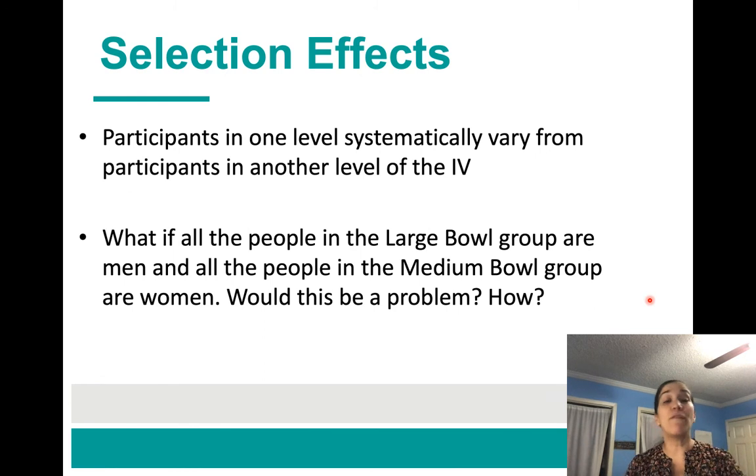So for example, what if all the people in your large bowl group are men and all the people in your medium bowl group are women? Why might this be a problem? So think about, for example, if all of those people that had the large bowl were men and all of them that were with the medium bowl were women, why might that make our results not so reliable if we found a difference?